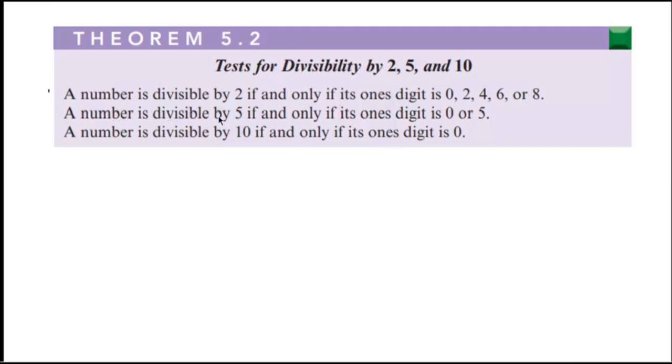A number is divisible by 5 if and only if its ones digit is 0 or 5. Kapag naman nakita nyo yung kanyang ones digit, kung 0 naman o 5, so ibig sabihin divisible yon by 5. At kung divisible naman by 10, tignan mo lang yung ones digit, basta siya ay 0.